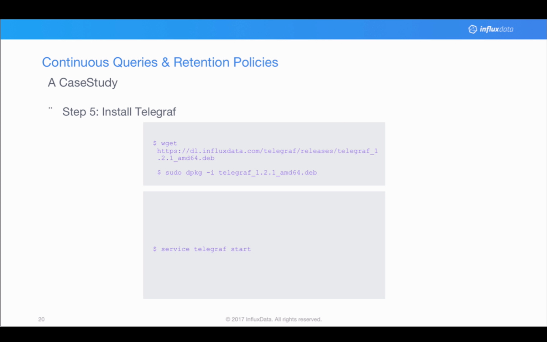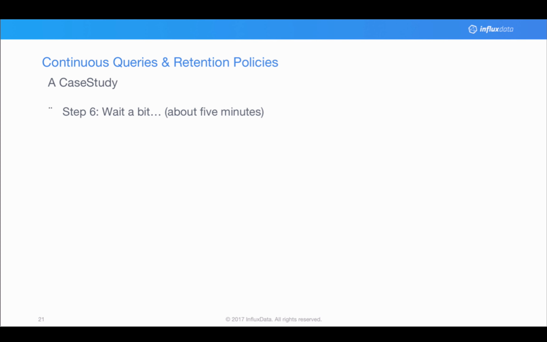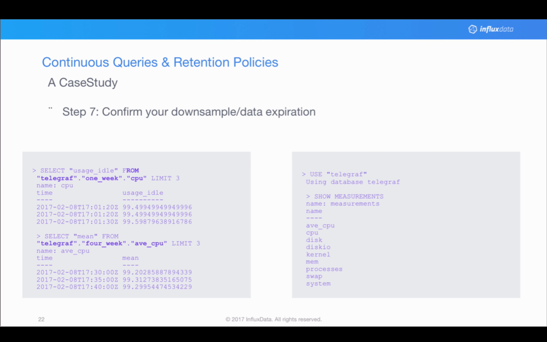Now, in this case, once we've set up our retention policies, we're going to install Telegraf and start the service. So we're going to wait about 5 minutes for our data. And once that 5 minutes is up, you should have seen the continuous query run in your logs, and you should see some data in each one of those measurements.